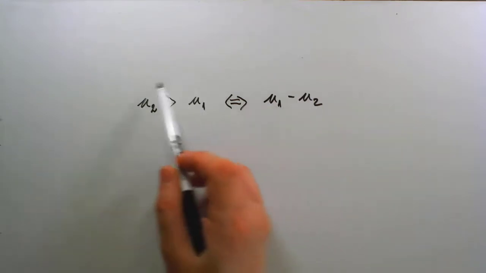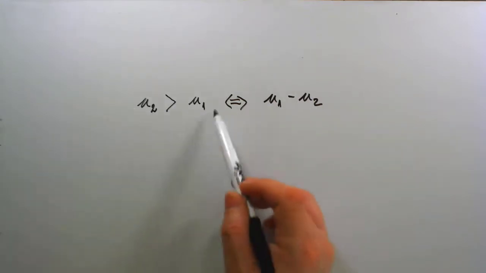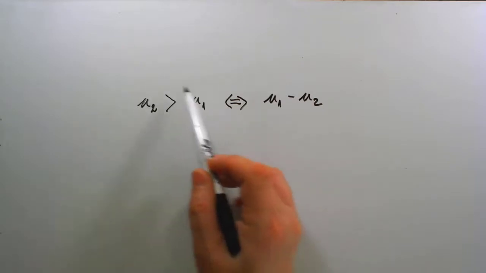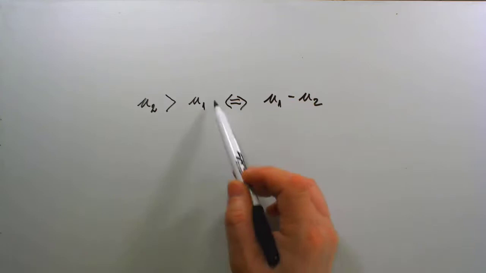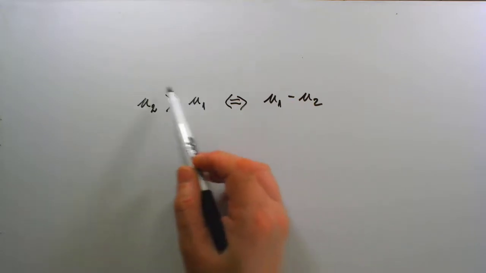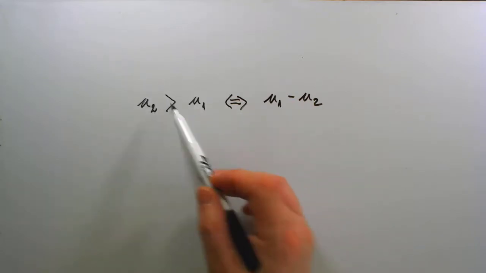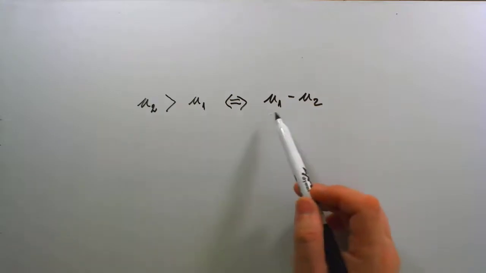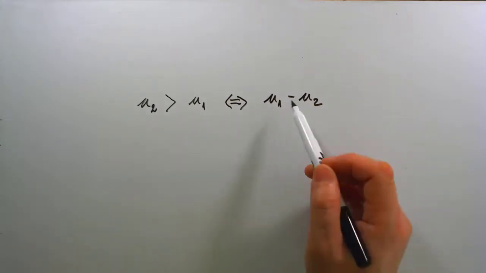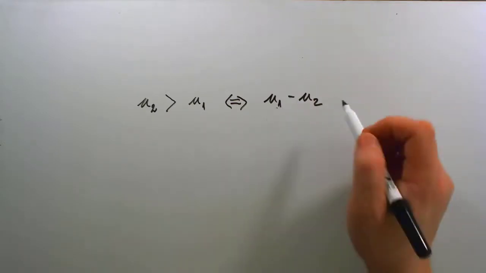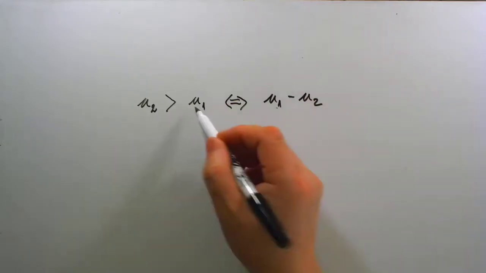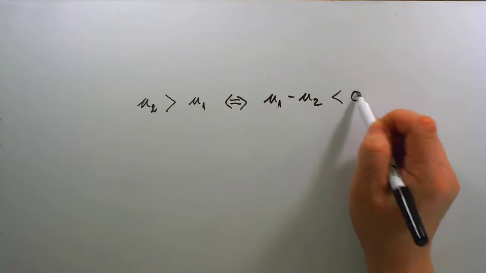We want to prove whether or not this comparison is true, whether there is any strong evidence to show that this is a true comparison. We now see this comparison as a difference, always mu1 minus mu2, being algebraically less than 0.